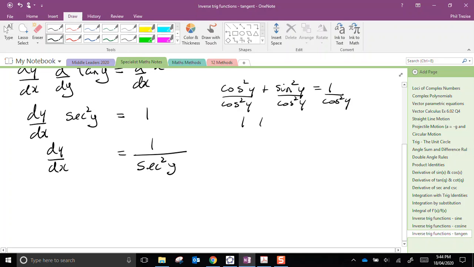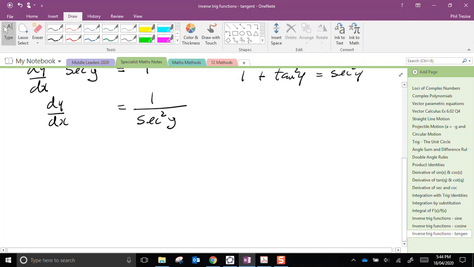Oh, that's 1. That's tan squared y, and that's sec squared y. So I could use 1 plus tan squared y here. Dy dx is 1 over 1 plus tan squared y.